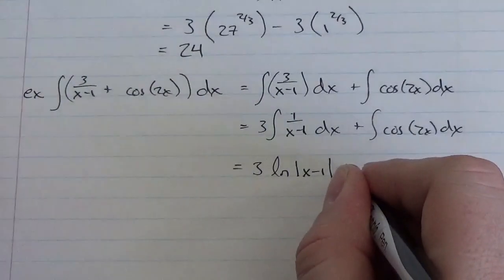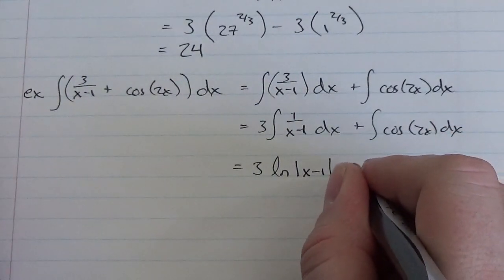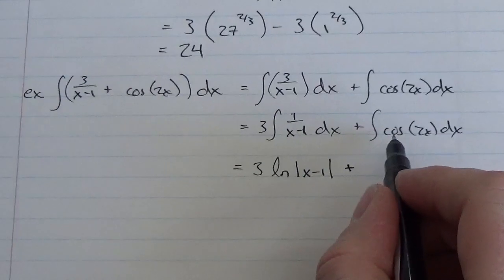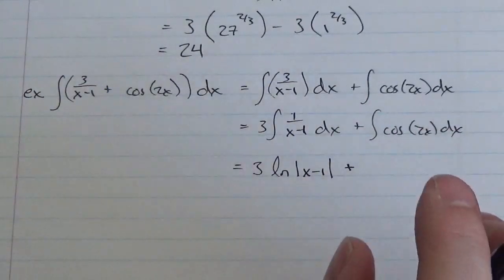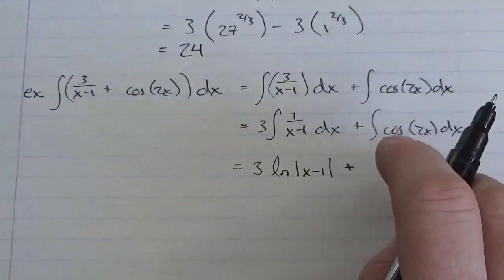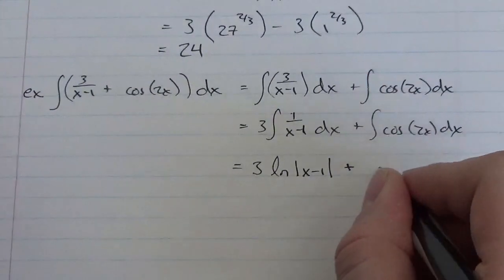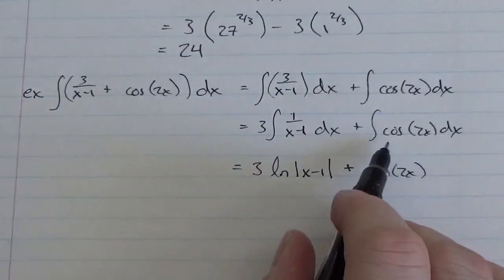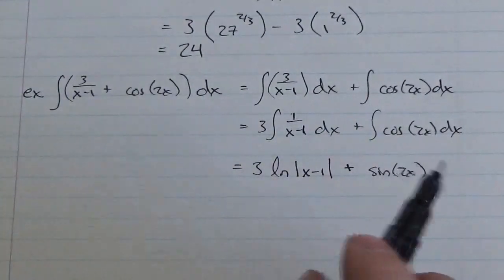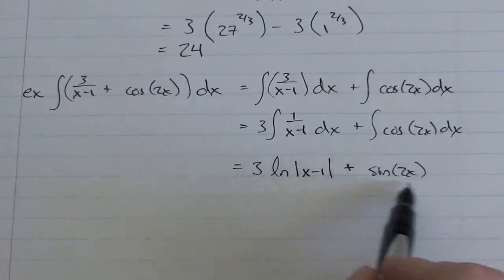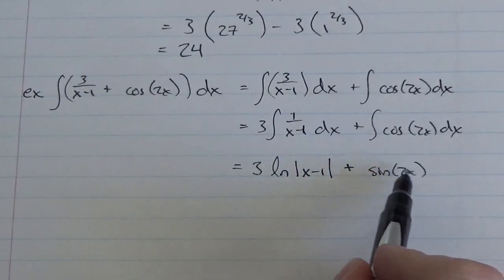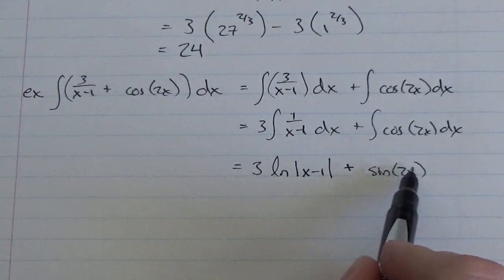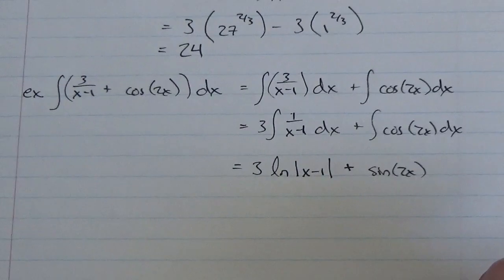Now, here, I got to think about this a little bit. Okay, I've got a cosine, and I know that the derivative of sine is going to be cosine. So I know that the derivative of sine of 2x will be the cosine of 2x, except that if you take the derivative of this, I would then need to multiply by the derivative of the argument there, the 2x.